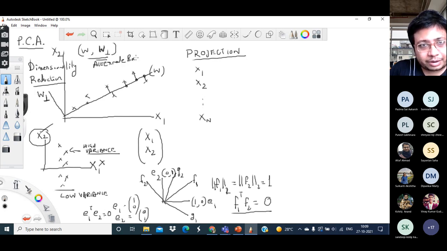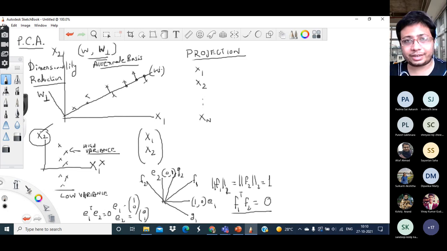Now the W perp part we are not going to think of as of now. W is the dimension or vector along which the variance of the projected data is maximum. That is what we wanted, right? So first of all, how do I define the projection of the data along any direction W?